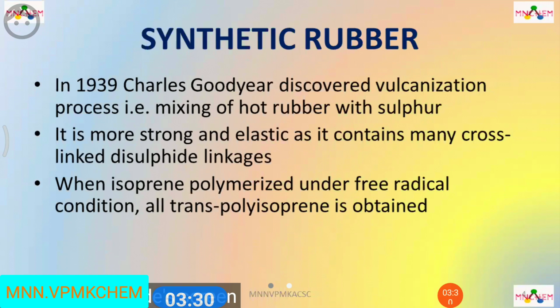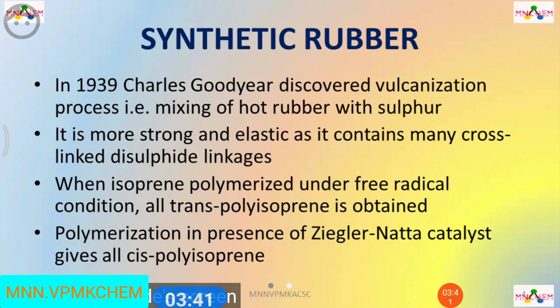When the polymerization is carried out under free radical conditions using peroxide, transpolyisoprene is obtained, whereas polymerization in the presence of Ziegler-Natta catalyst gives cis polyisoprene.